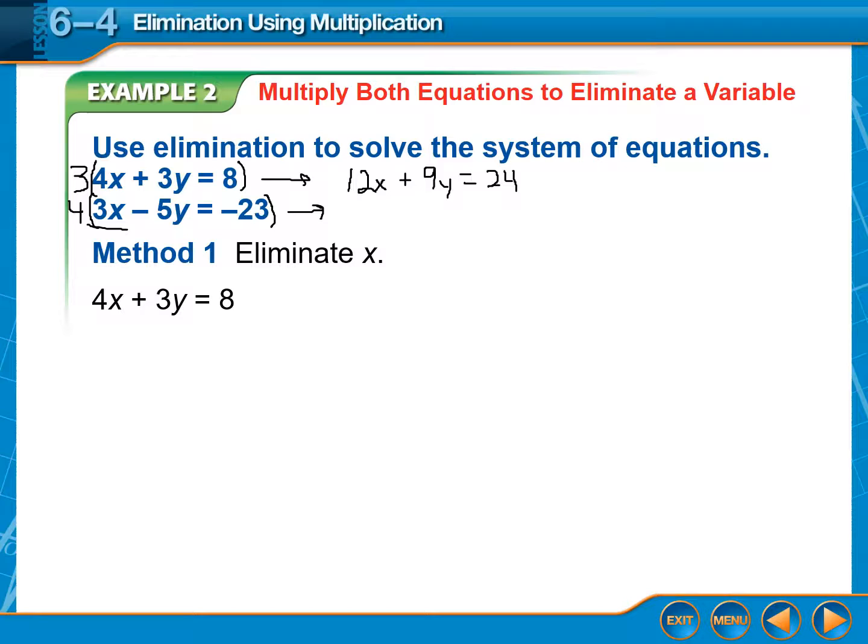My second equation, 3x minus 5y equals negative 23, I'm multiplying by 4. So 3x times 4 gives me 12x. 4 times negative 5y is negative 20y. And that's equal to negative 23 times 4, which is negative 92.